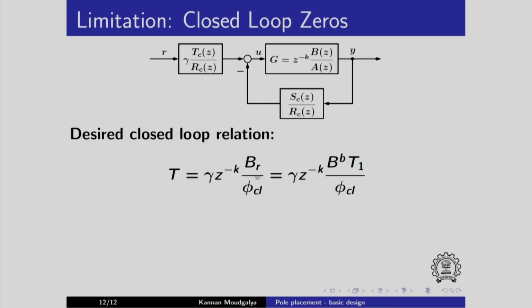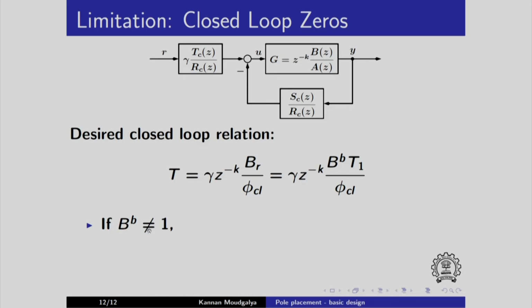So we have substituted for BR as BB T1, and what is BB? What does this B denote? This means it is the bad part of B that has a factor outside the unit circle, whose 0 is outside the unit circle. So this is a bad part of the numerator of the open loop transfer function B. So that appears in the closed loop transfer function as well.